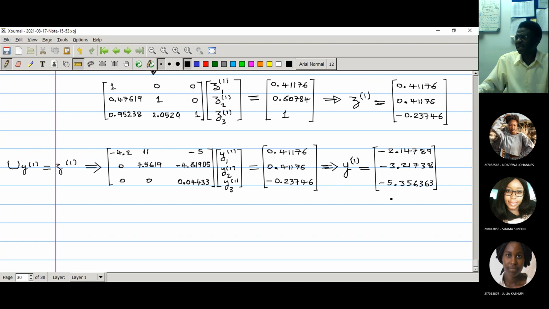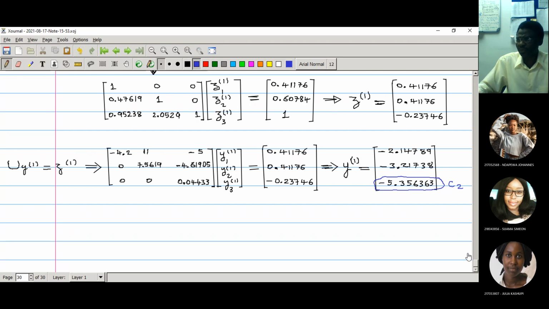But now you see, if you look at the entry with the largest magnitude, it's this last one. So this is our C2. Right.